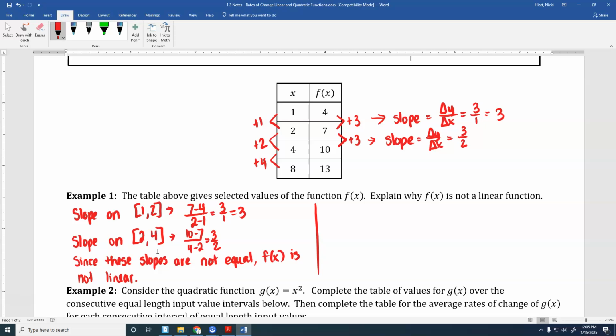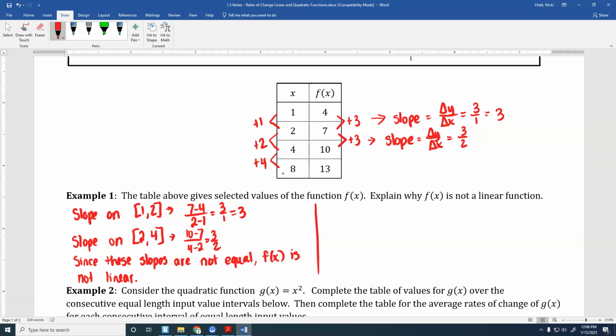Another option for this, if you have something that's linear, your output values should increase by the same amount when the input values increase by the same amount. But our input values are not increasing at the same amount, so our output values should not increase by the same increments.